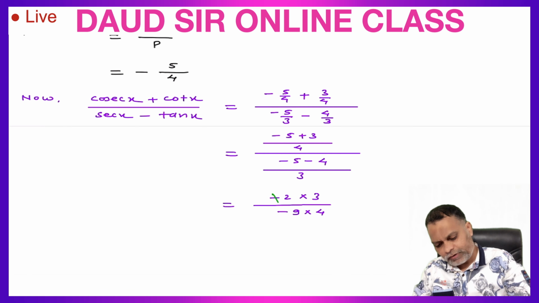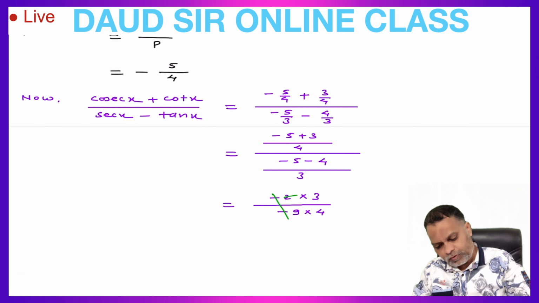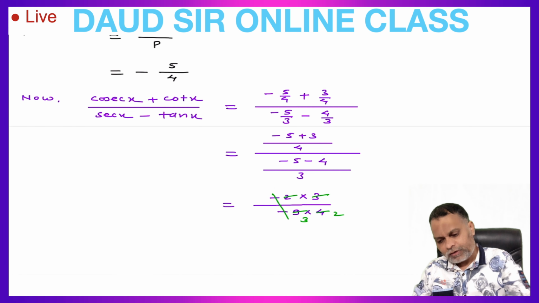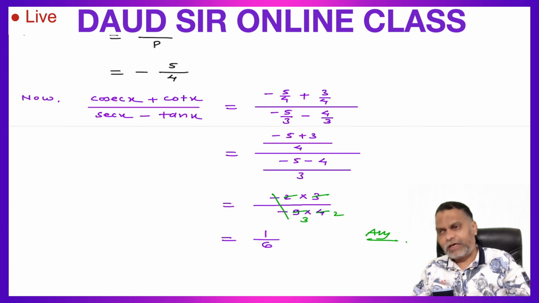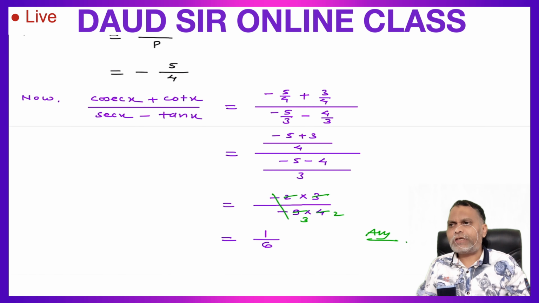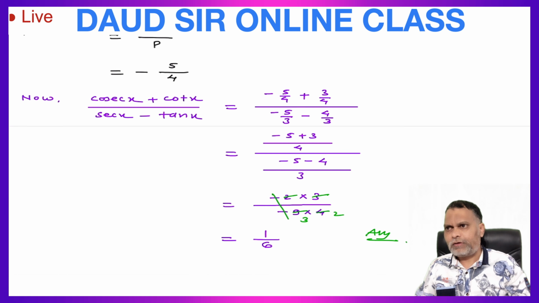This negative cancelled. 2 3s are 6, 3 4s are 12... so 2 2s are 4, 3 3s are 9. So in the numerator 1 and 3 2s are 6. So this 1 upon 6 is the required value of cosec x plus cot x upon sec x minus tan x.